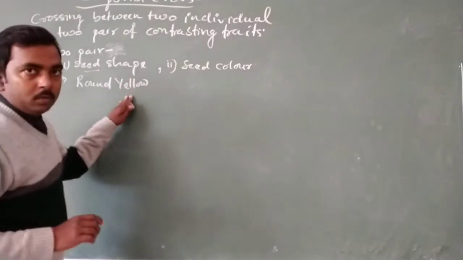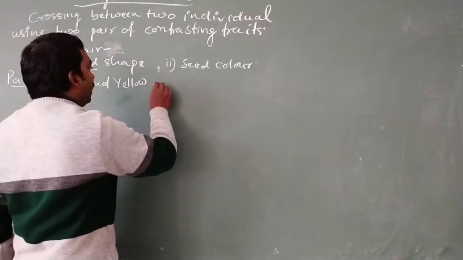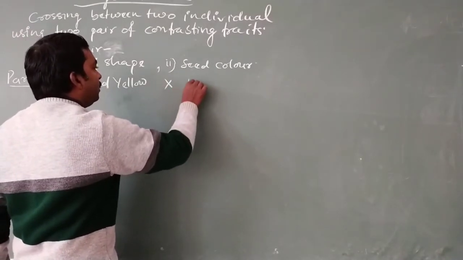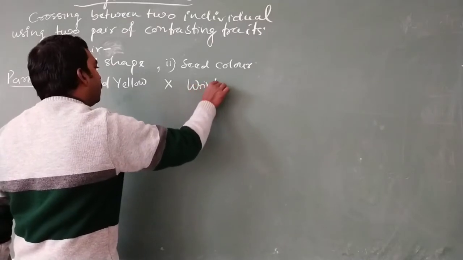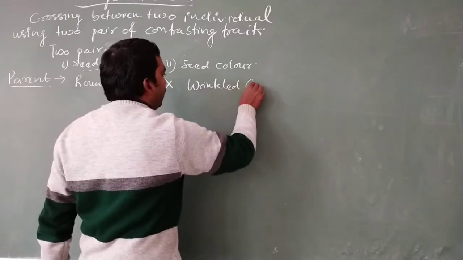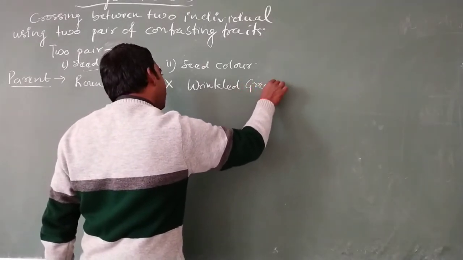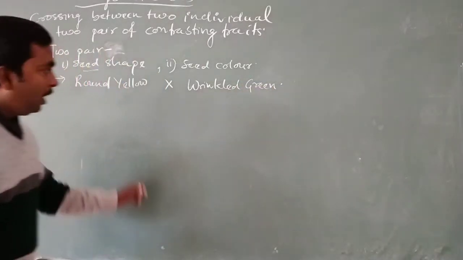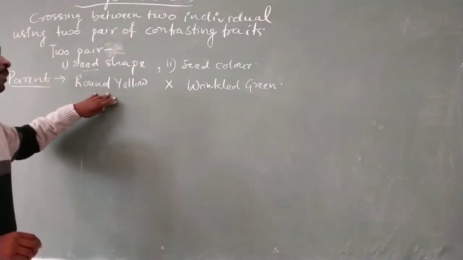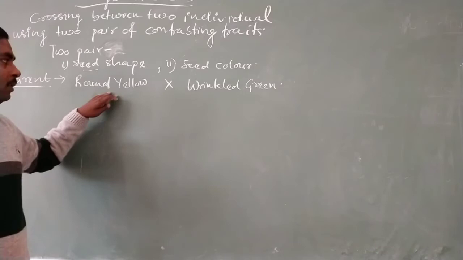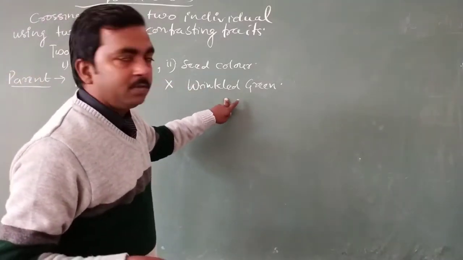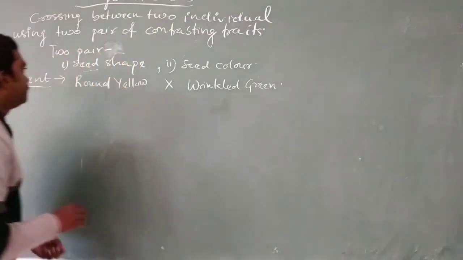Round yellow is homozygous, and the other is wrinkled green. Out of these two pairs of contrasting traits, one represents the dominant trait, while the other is the recessive trait.